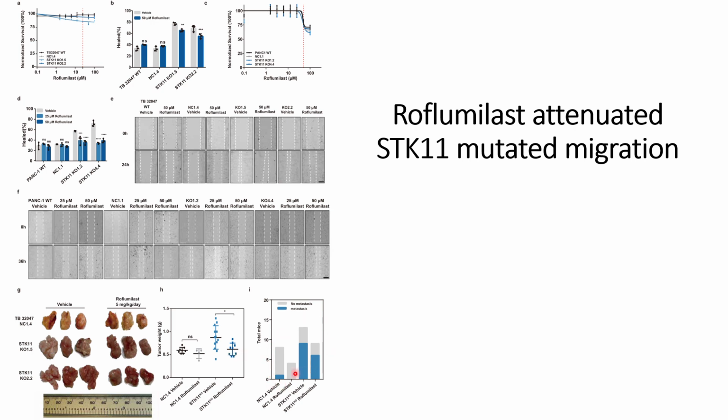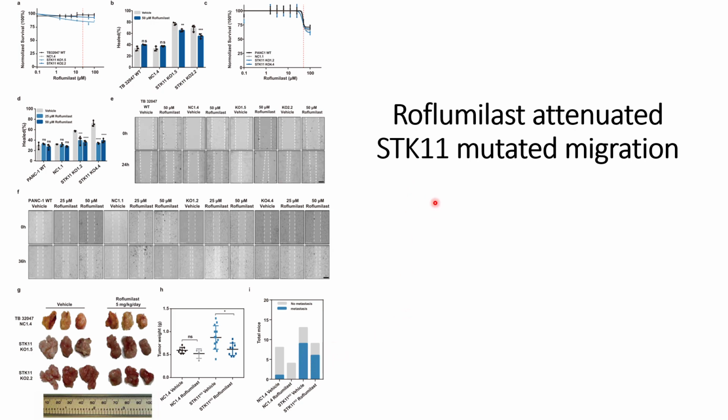But when they checked the metastasis in the liver, they do not see much difference between STK11 knockout without Roflumilast and STK11 knockout with Roflumilast. So from this they made the point that Roflumilast, although it attenuated the STK11 mutated related migrations, has less impact on the metastasis towards the liver.